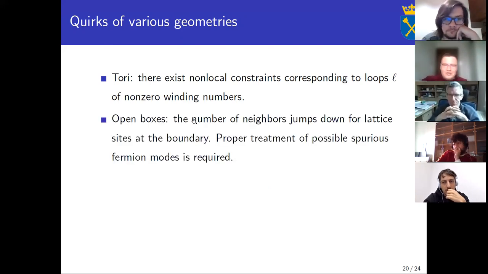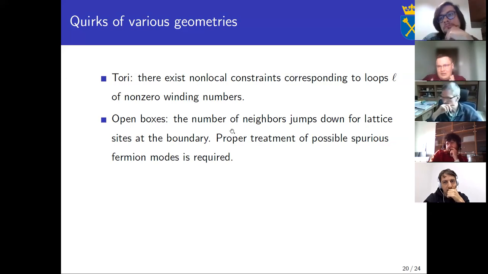Now you can consider open boundary conditions. Then you have some boundary, and let's think about some regular geometries like a cubic lattice or something like that. Then the number of neighbors jumps down for lattice sites at the boundary. Right, so there is no edge sticking out of the lattice.